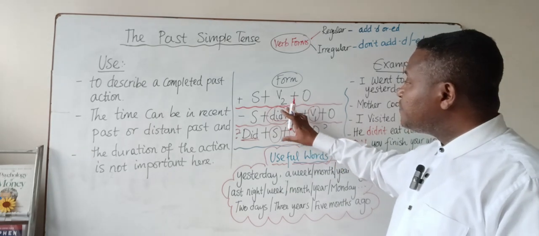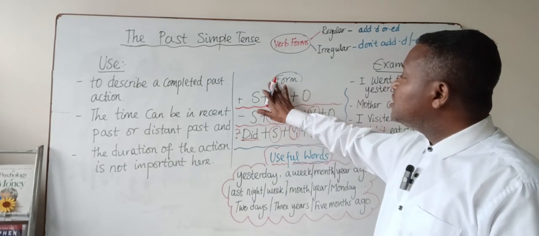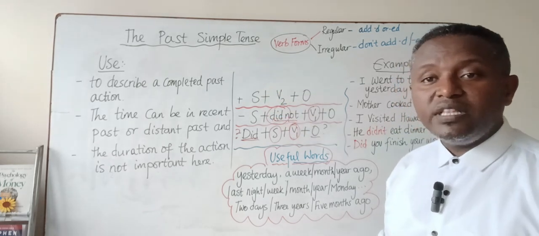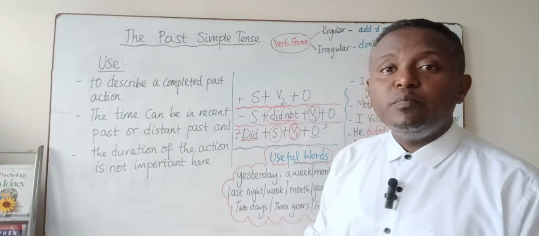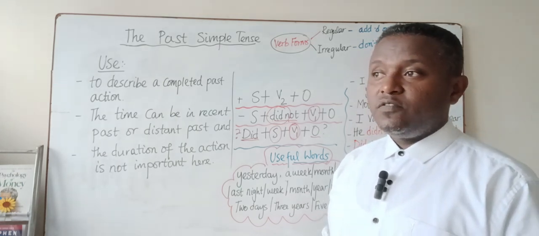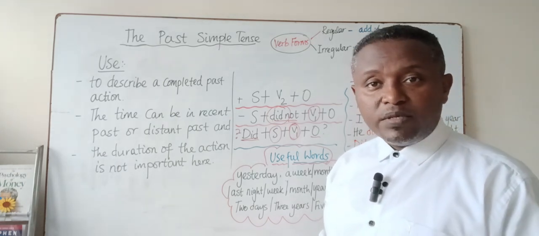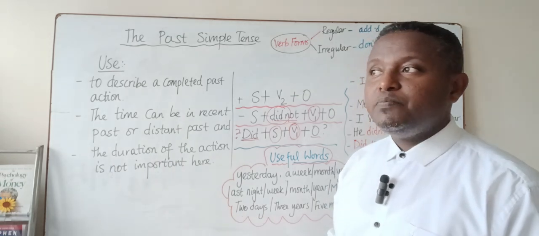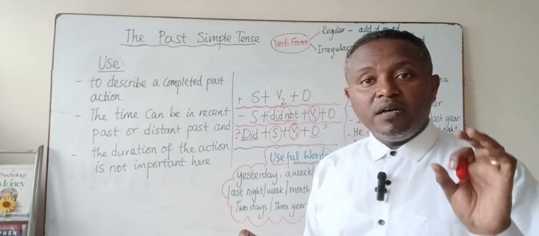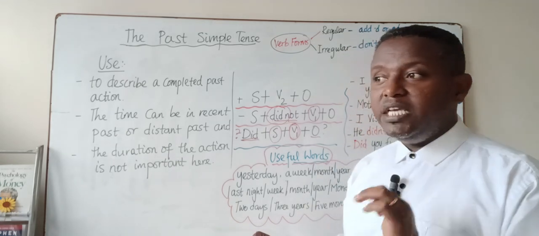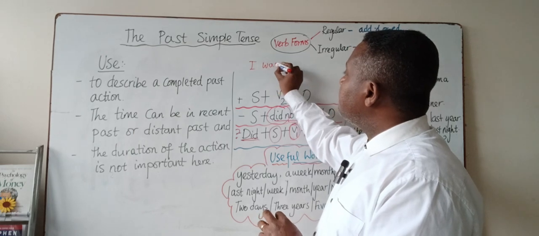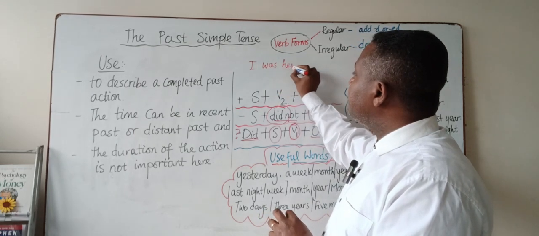So this is normally how we use the past simple in the presence of main verbs. If we use the be verbs in this case, we simply add the not phrase in each sentence. For example, I was here.